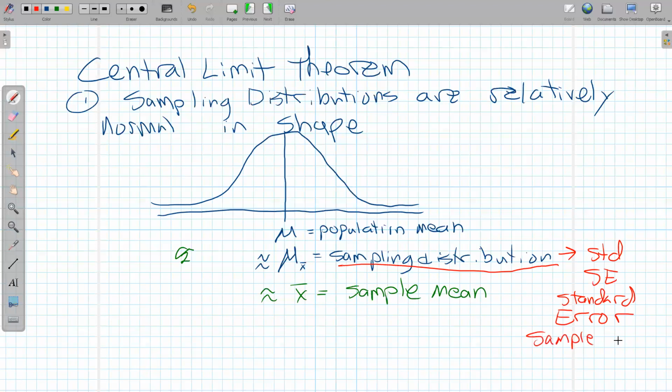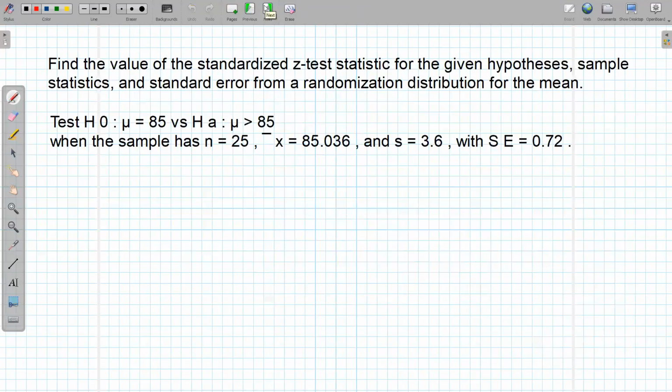So sample statistic spread. And we need that spread to calculate p-values and to find margin of errors on confidence intervals. So let's play with the normal distribution calculator in Statistic. So I have some questions to help us do that.